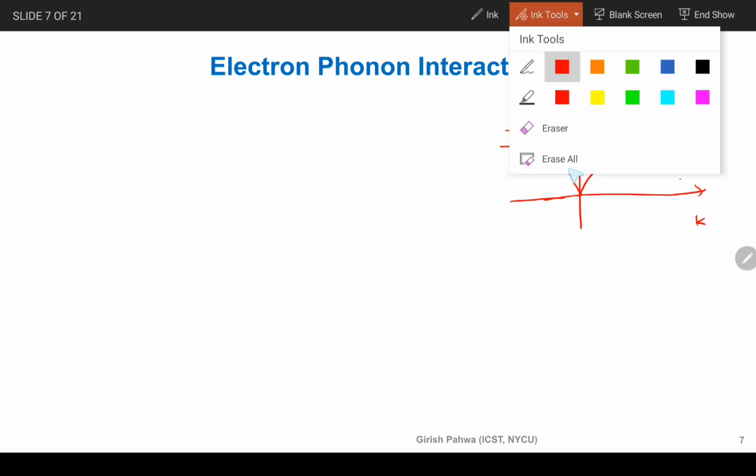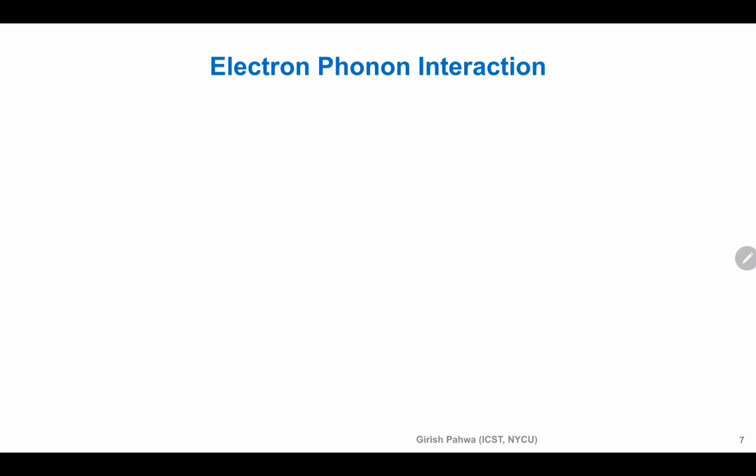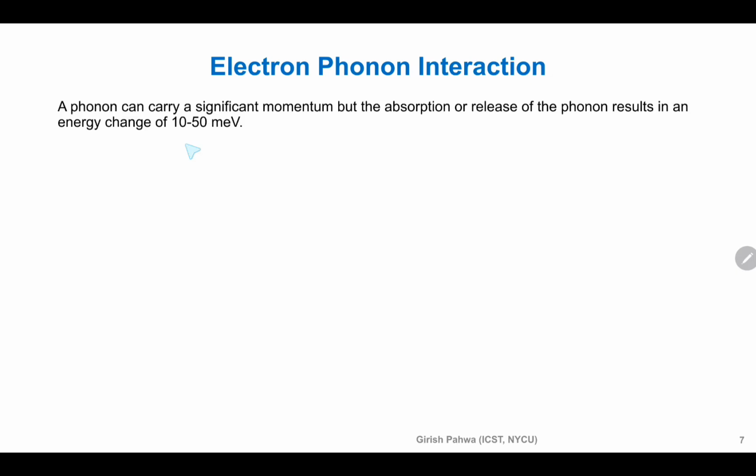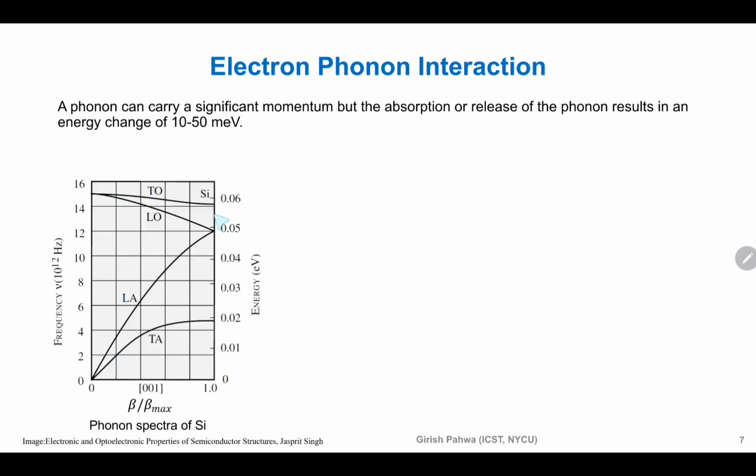So let me show you the exact diagram for, say, silicon. It's going to be in the range of 10 to 50 milli electron volt, the energy of the phonon. So this is an example for silicon. There can be several branches. T means transverse, L means longitudinal. If the atoms are moving like this, it's a longitudinal wave.